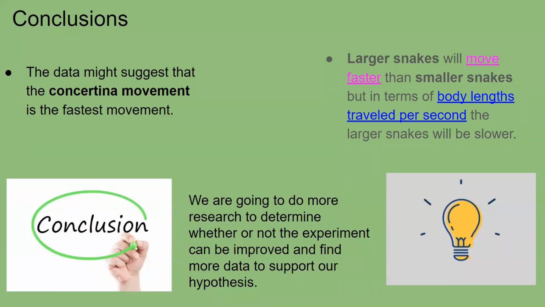For the conclusions, the data shows that the concertina movement is the fastest, and larger snakes will move faster than smaller snakes, but in terms of body length traveled per second, the larger snakes will be slower. For our future, we are going to do more research to determine whether or not the experiment can be improved and find more data to support our hypothesis.